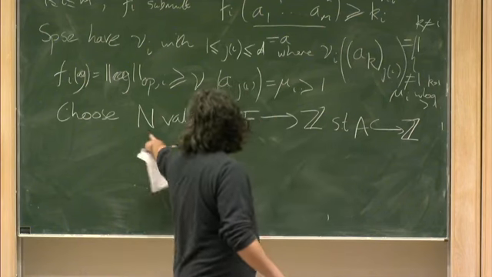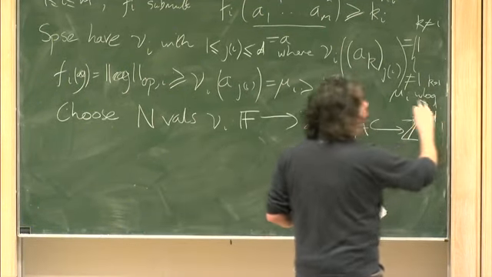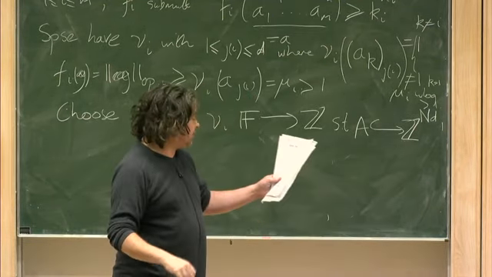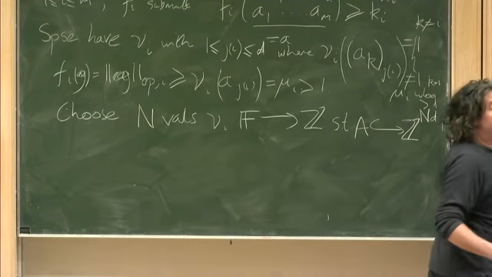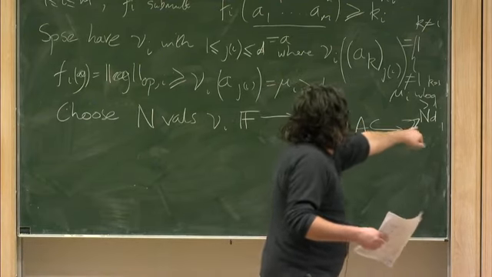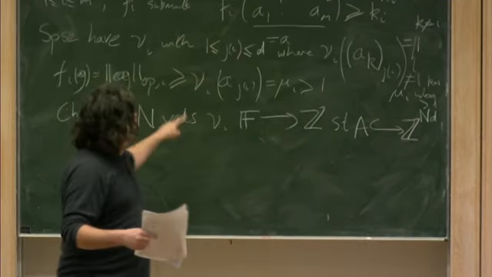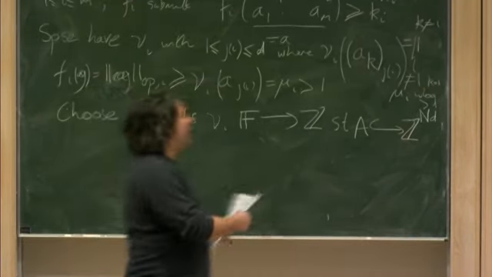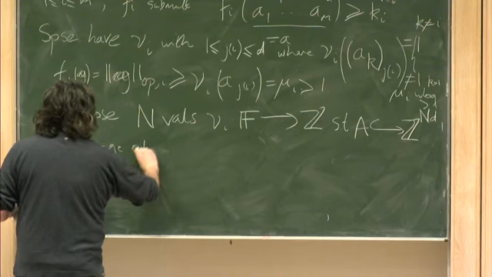Basically, if you took n of these, you just apply them to all of the diagonal entries, which is a homomorphism because these matrices are upper triangular, so you're just picking out a diagonal entry and picking it up over the various valuations. So now you've embedded A here. It's essentially a change of basis.